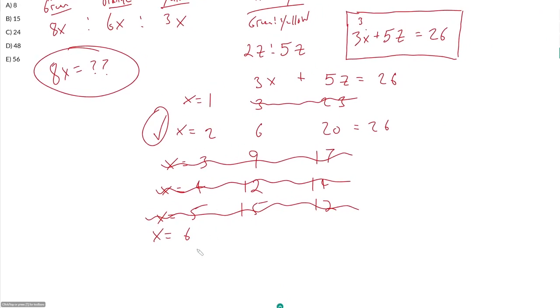You see we only have a finite number of options because once this is over 26, we can stop. Right now we're at 3x is 18. This is our last possibility because after this, 3x would be equal to 27, which is over our total number of jelly beans. So this is 18.